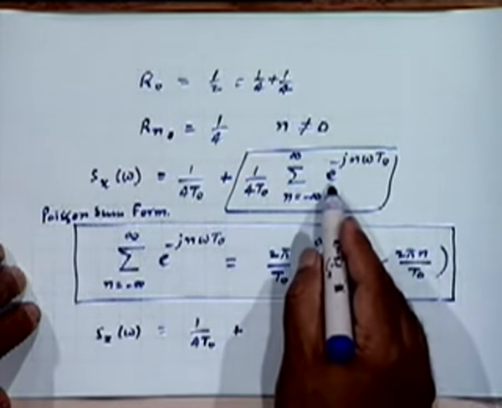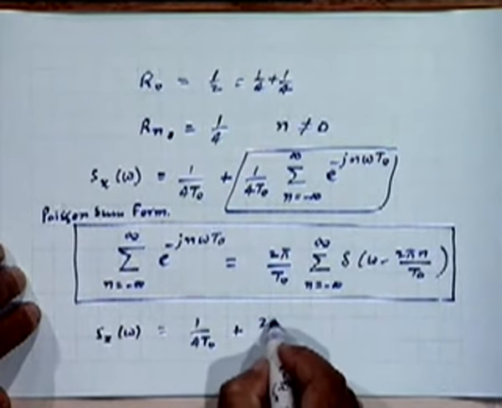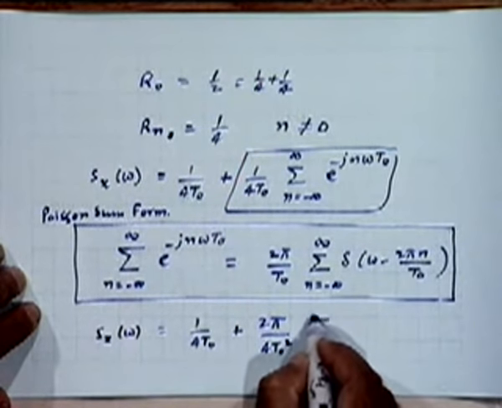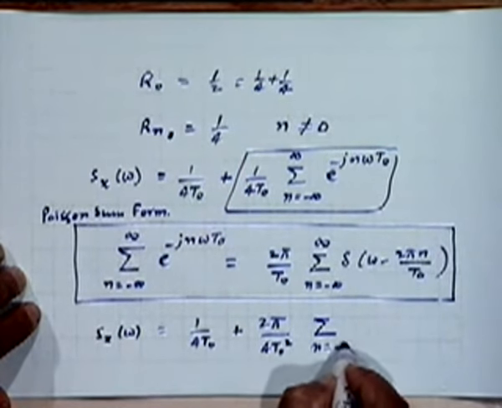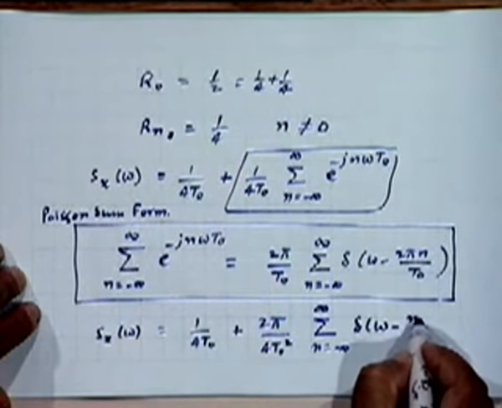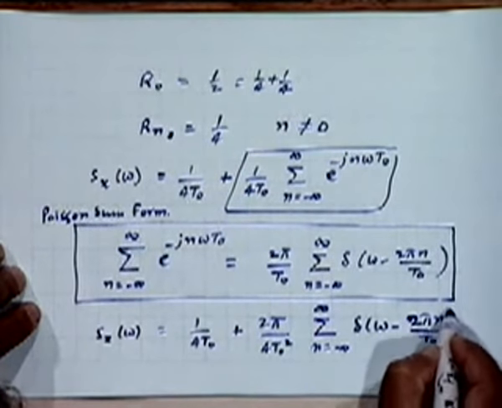I will substitute this by this over here to give you 2 pi by 4 T0 square delta omega minus 2 pi n by T0.